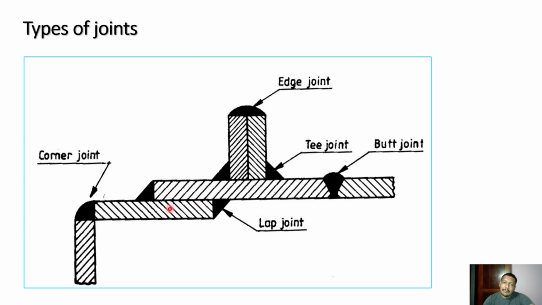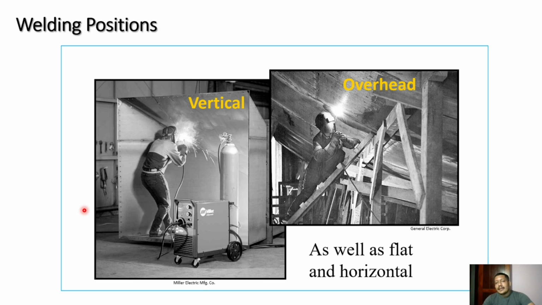One plate kept over the other with welding at both ends is called a lap joint. And a 90-degree bend made by welding at the corner is a corner joint. So you can make an edge joint, T joint, butt joint, lap joint or corner joint using the welding process. Now the next parameter in welding is the weld positions.